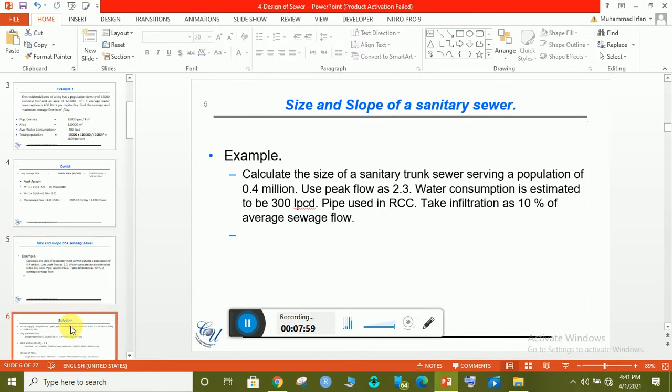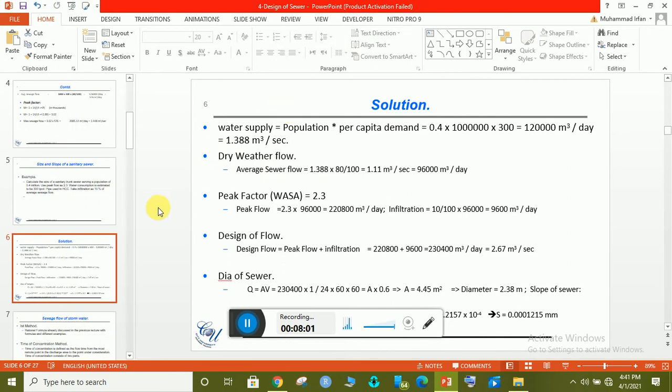So how can we solve this problem? First we want the water supply to that community, as the population and the per capita demand are given. The population is 0.4 million, the per capita demand is 300.